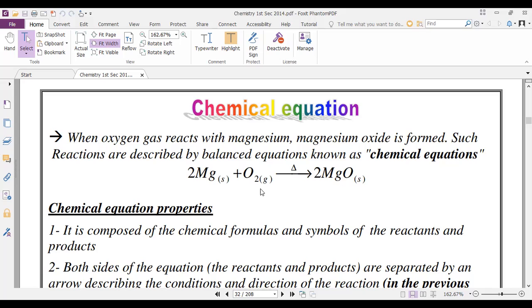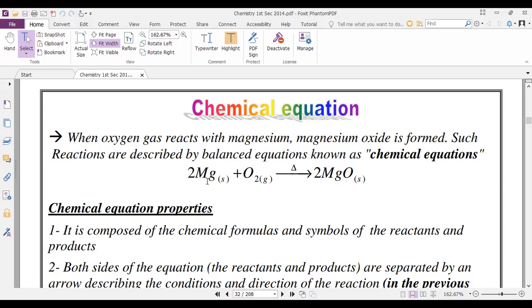But what's the difference between these 2 and these 2? The first 2 means that we have 2 moles of magnesium, and the second one means we have 2 atoms of oxygen. Yes, but 2 Mg also means 2 magnesium atoms.